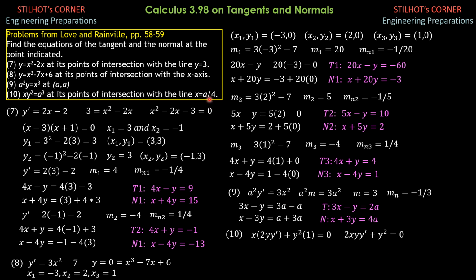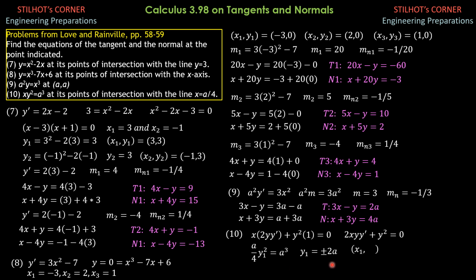Then at x equals a over 4, y is to be computed. A over 4, y squared equals y1 squared equals a cubed. So y1 squared is 4a squared. And square root of 4a squared is plus minus 2a. So y1 is plus minus 2a.